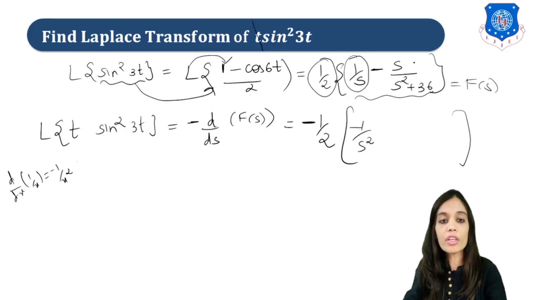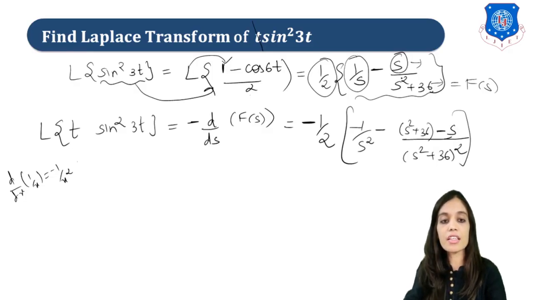Fine. Now here in both we have s, so we have to apply the division rule for derivatives. So s square plus 36 whole square will come. Now keep this s square plus 36 constant. Derivative of s will be 1. Now keep this as it is and do the derivative of the denominator, and it will be 2s. Fine.